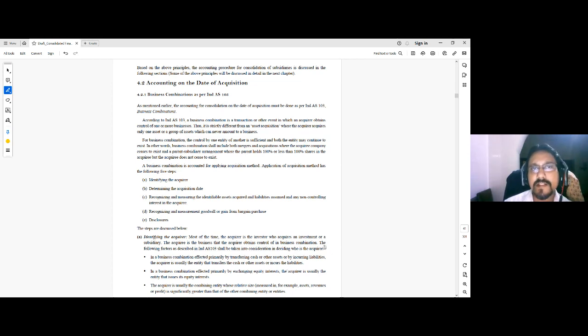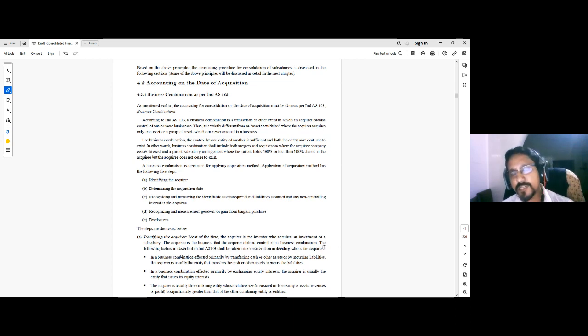According to Ind AS 103, a business combination is a transaction or other event in which an acquirer, in our example A Limited, obtains control of one or more businesses, in our case B Limited, which is my subsidiary, as I have acquired more than 50% of the voting power of that other company. Thus, it is strictly different from asset acquisition.